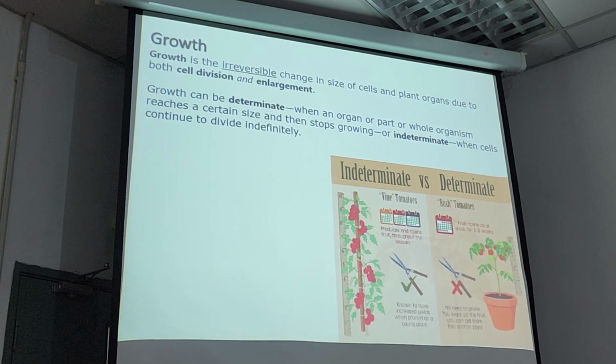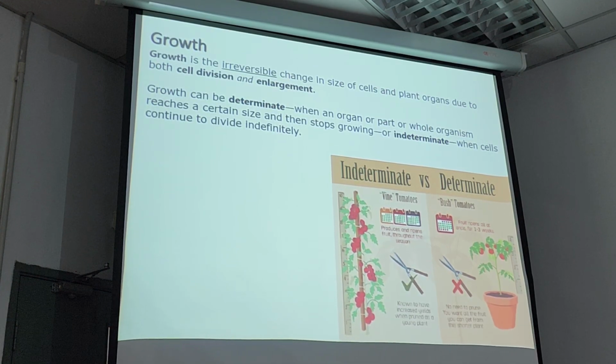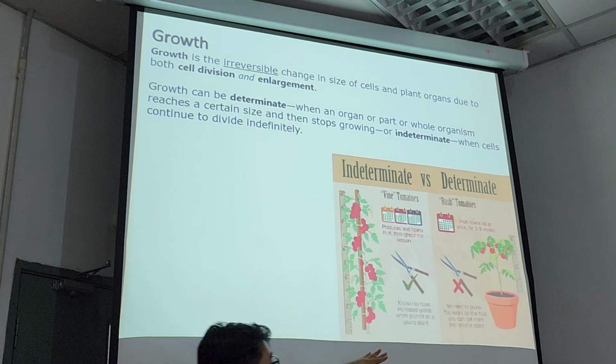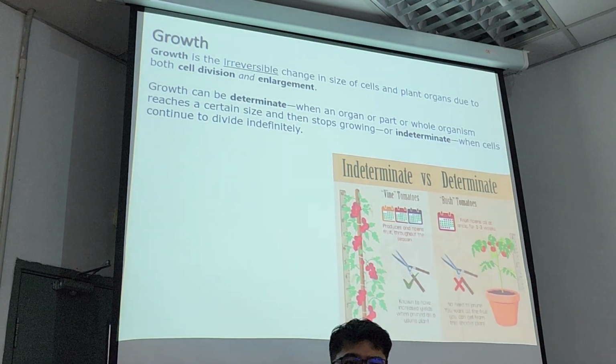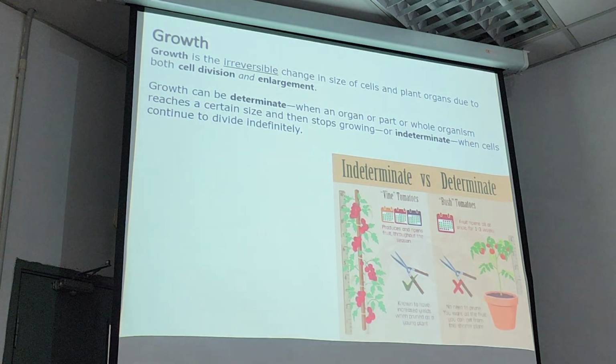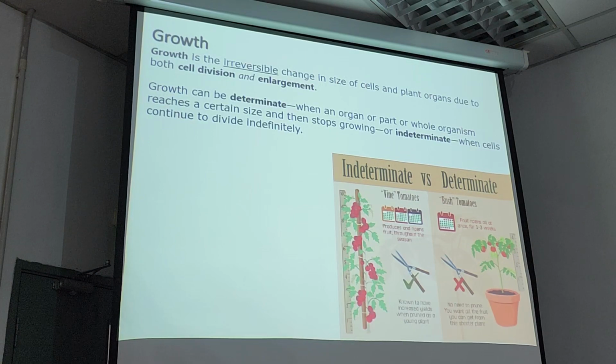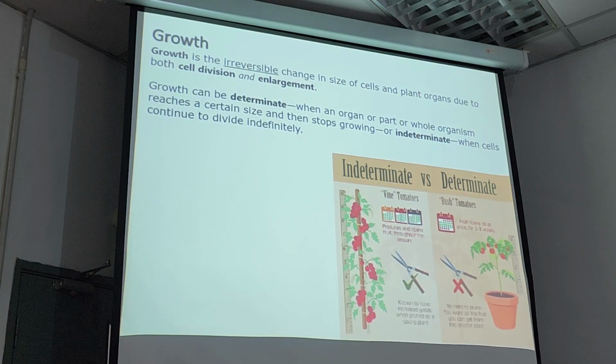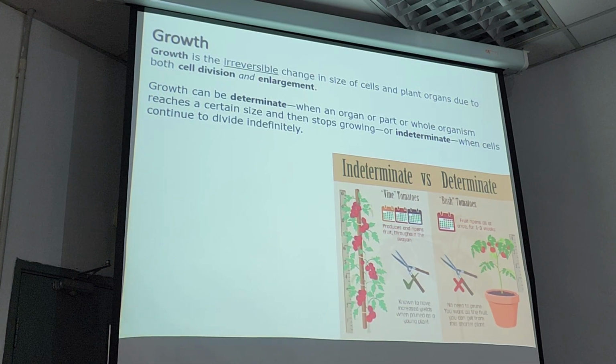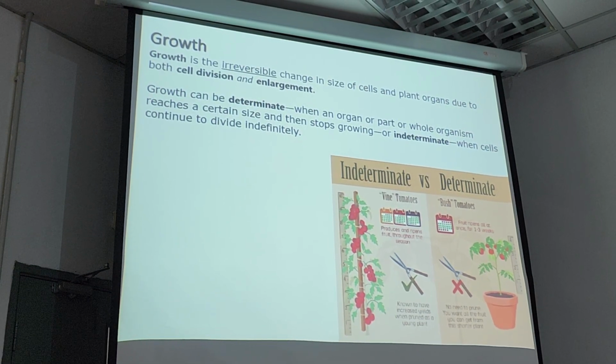But if it has the growth of determinate fashion, like the tomato here, when you cut the top, that's pretty much it. Okay, it's not going to grow further very much. So that's why for the example here, some tomato you get in the form of a small shrub like chili plant, but some tomatoes we get in the form of vine tomato. It actually creeps and crawls. Okay, so these have impact on the produce and also the type of tomato that you're going to get.